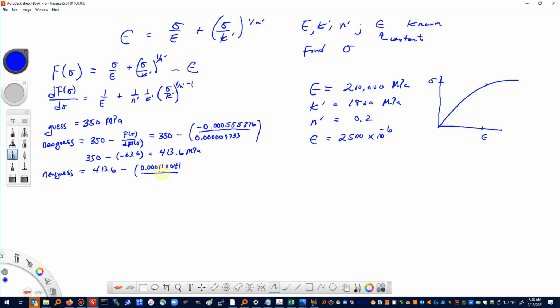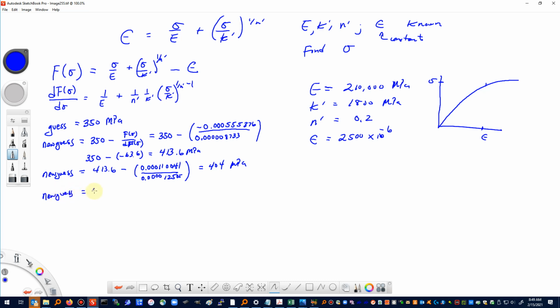I'm going to add the terms together, and then I get another small term, 0.000012505. Take that ratio, and I have 8.8, so 413 minus 8.8, I get 404 MPa. Let's do this again.